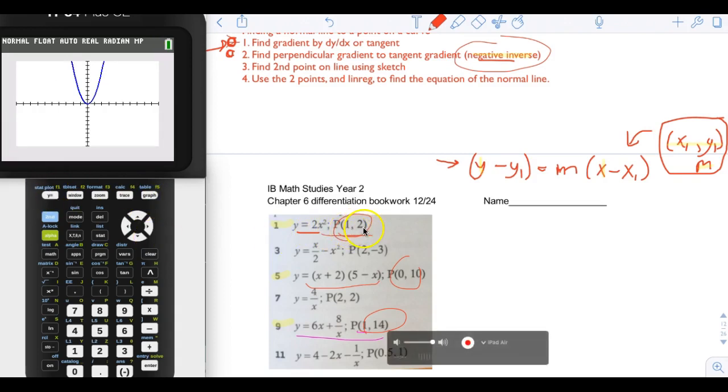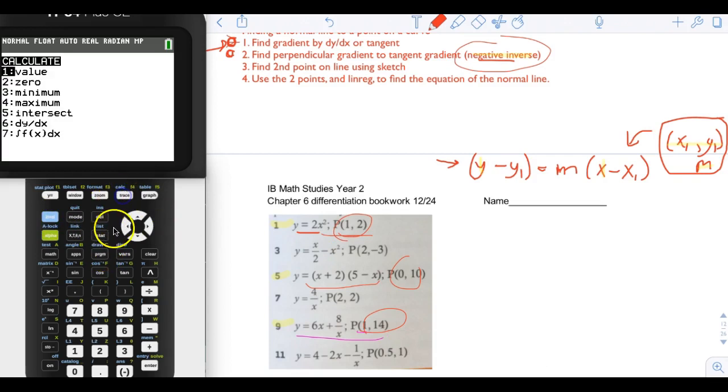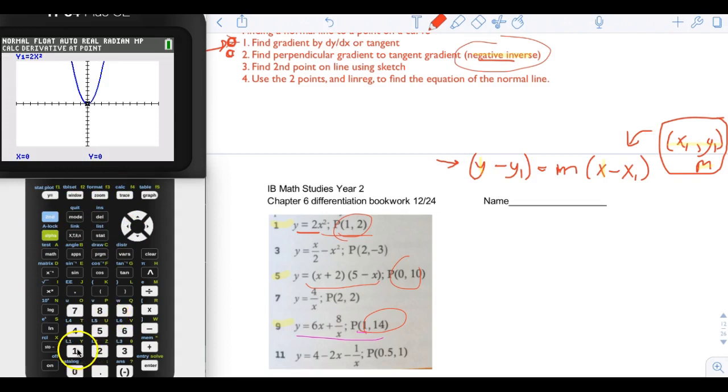We also know that y equals 2, but what's important in this case is x equals 1. So we're going to do second calc dy dx, which is option 6. And then we're going to find it at x equals 1. So we enter 1. So dy dx is 4 at that point.